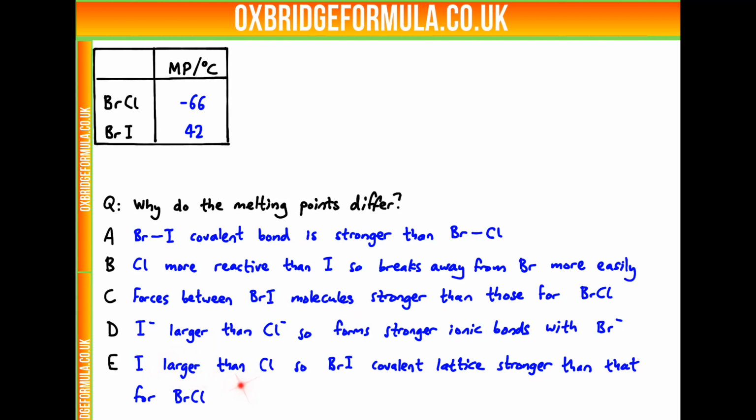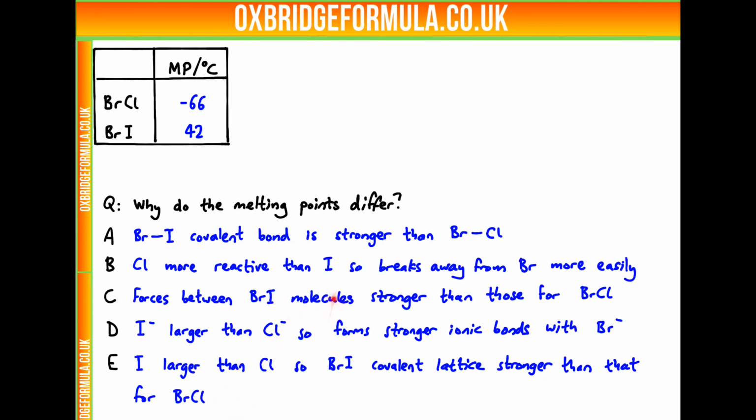Fourth, we have iodide ions are larger than chloride ions, and so iodide forms stronger ionic bonds with bromide. And finally, we're told that iodine atoms are larger than chlorine atoms, and so the BrI covalent lattice is stronger than the BrCl covalent lattice.